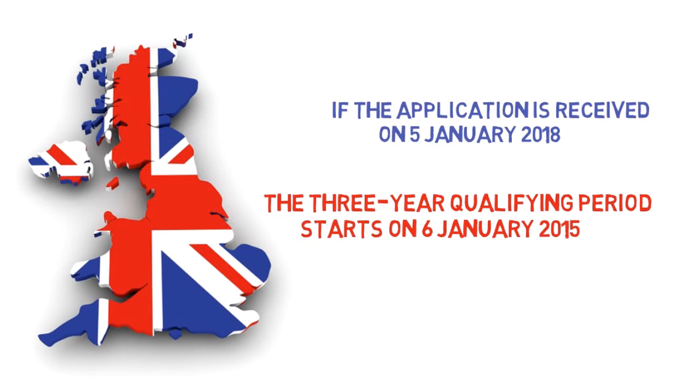So, if you send it by recorded delivery and you are sure that the application will be received, so if you send it on 5th of January 2018 with the guaranteed delivery date by 6th of January 2018, it means that the qualifying period starts on 6th of January 2015. You may think that this is a pretty straightforward requirement, but you will be amazed by how many people get this wrong. So make sure that you get this right, otherwise your application will be refused, because this is a very strict requirement.